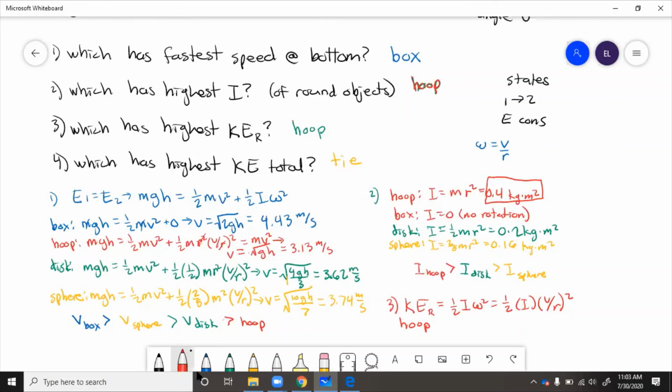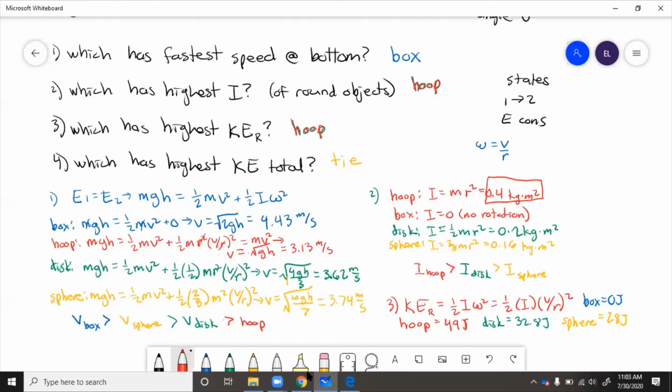So the hoop is 49 joules. Then the disk equals 32.8 joules. The sphere equals 28 joules, and then the box is not rotating, so the box is 0 as far as rotational kinetic goes. So the hoop wins for that.